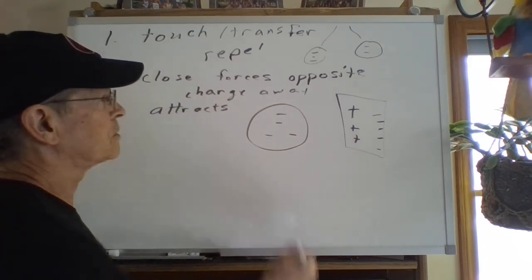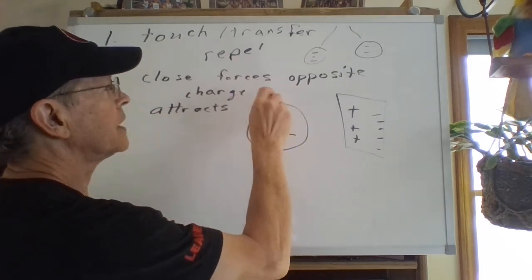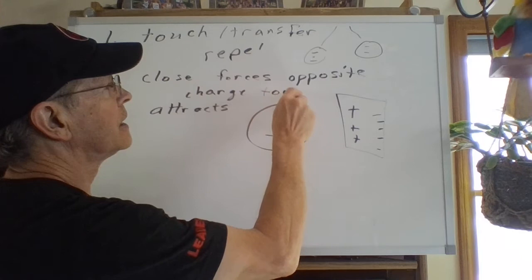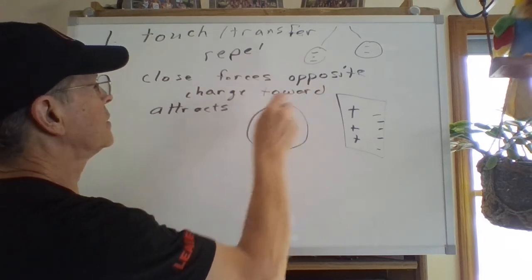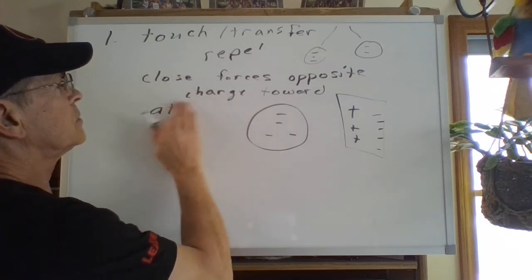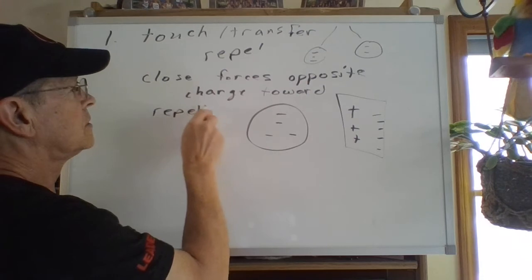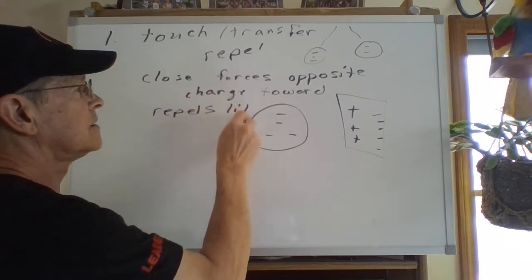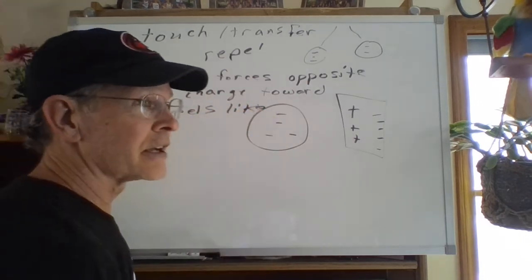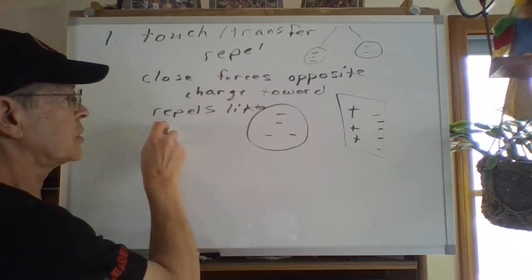I'm sorry, I'm doing that wrong. It forces the opposite charge toward, not away, and it repels the like charge. I've been doing grades all day. I'm so tired. Repels like charge.